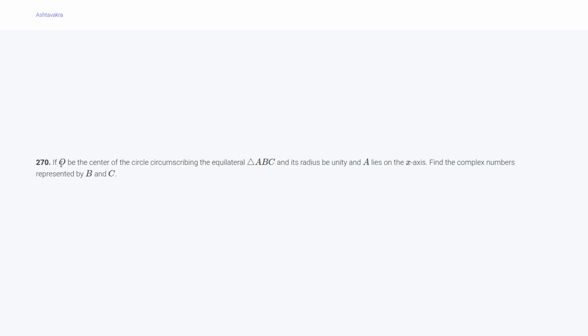Question 270 says if O is the center of the circle circumscribing the equilateral triangle ABC and its radius is unity, A lies on the x-axis, find the complex numbers represented by B and C. So clearly A is 1, 0 or minus 1, 0.